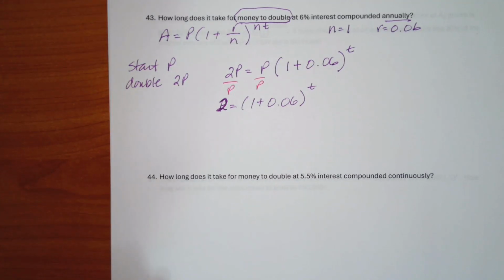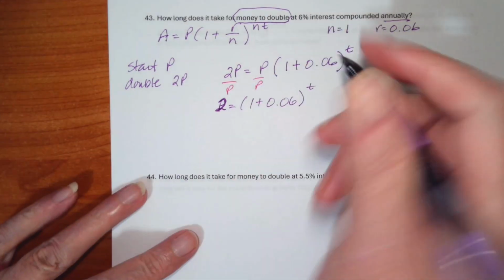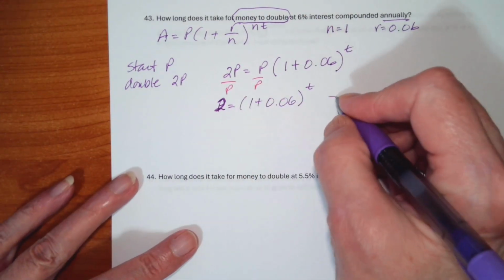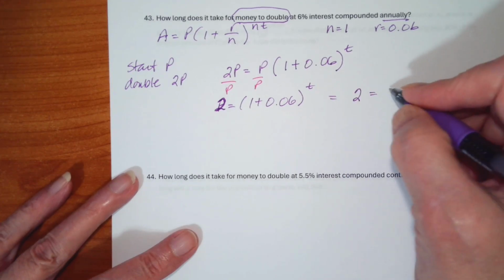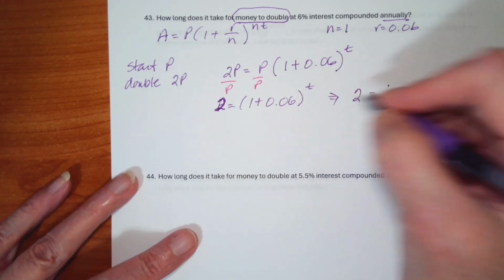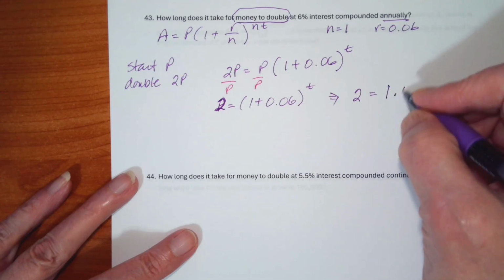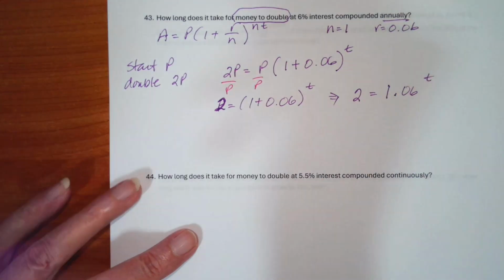Okay, well, now we can just start taking the natural log. Or I can even add these together. So this becomes 2 is equal to 1.06 to the T.